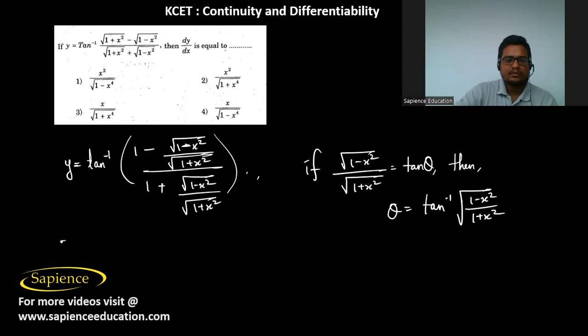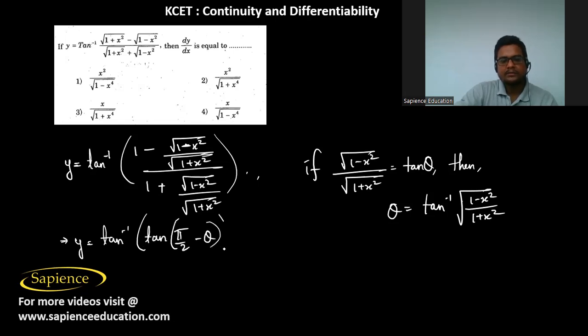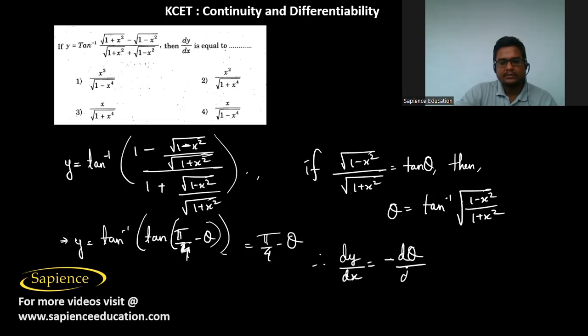So this can be written as y equal to tan inverse of tan pi by 4 minus theta. Since y can be written as tan pi by 4 minus tan theta by 1 plus tan pi by 4 into tan theta, this can be written as pi by 4 minus theta. So therefore dy by dx will be equal to minus d theta by dx.